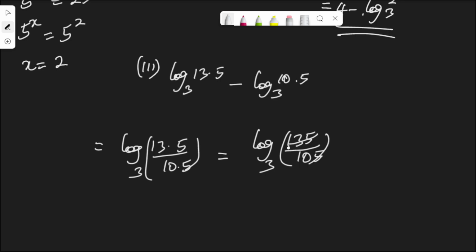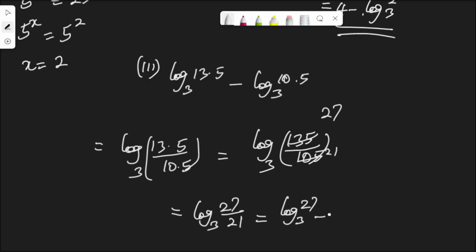Let me reduce the fraction by dividing through by 5. 5 here will give me 27, 5 here will give me 21, which means I have log 27 over 21 to base 3, which I can still write as log 27 to base 3 minus log 21 to base 3.